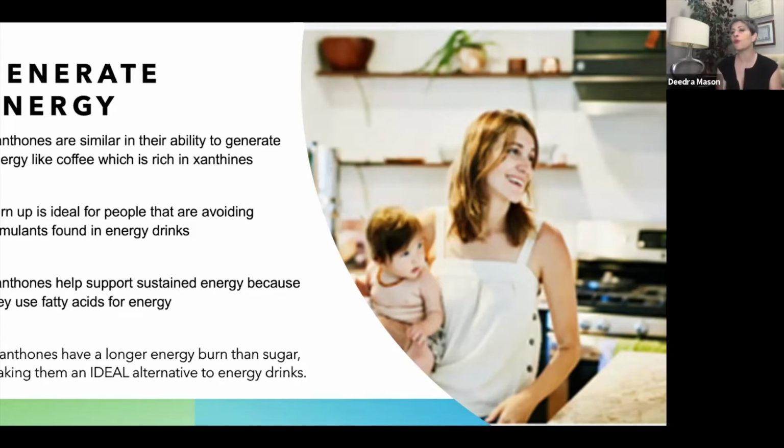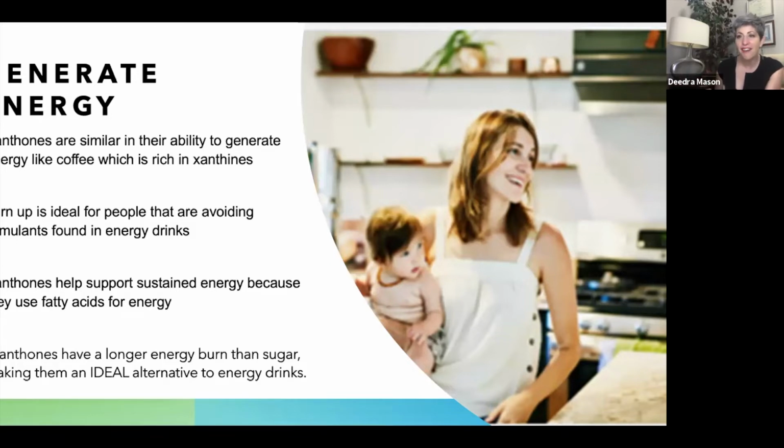And that's one of the reasons why the turn up or the isotonic essentials also includes an antioxidant-rich fruit, mangosteen, that is rich in something called xanthone. Xanthones are fatty acids that have a very long burning capacity, energy burning capacity.